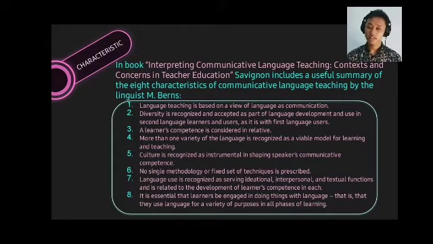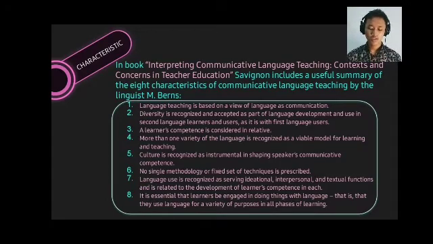Second, diversity is recognized and accepted as part of language development and use in second language learners and users, as it is with first language users. Third, a learner's competence is considered relative. Fourth, more than one variety of the language is recognized as a viable model for learning and teaching. Fifth, culture is recognized as instrumental in shaping speakers' communicative competence.